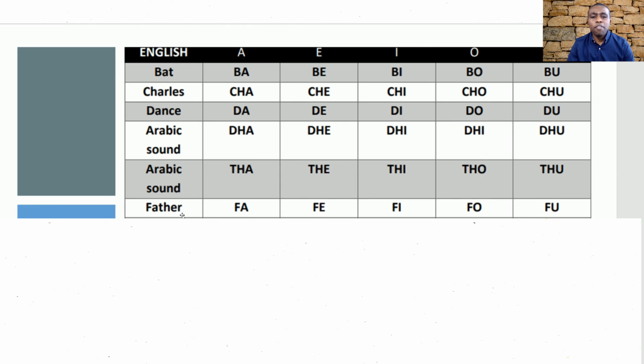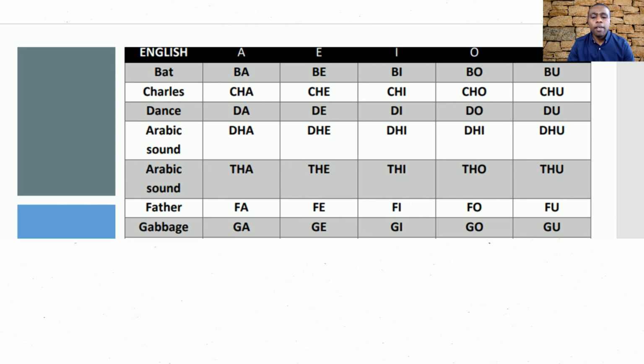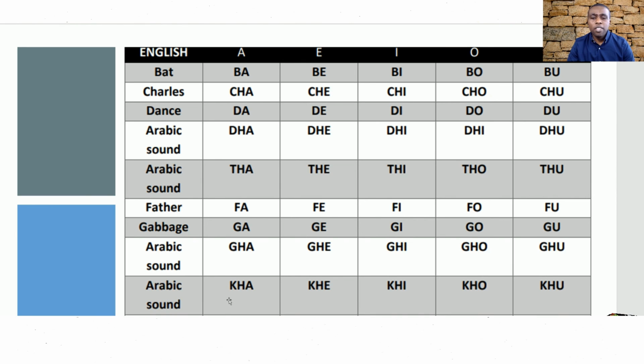We also have the fa, fe, fi, fo, fu. Let's try the ga, ge, gi, go, gu. The letters GH and KH also form the same sound, and these sounds are very Arabic and very guttural, from the throat.